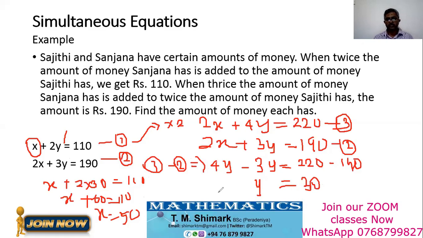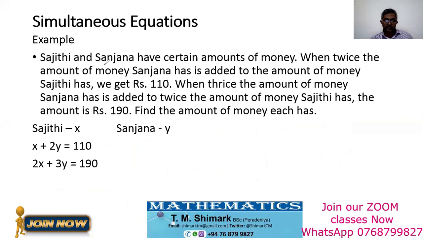Now let's say here Sajiti and Sajna have certain amounts of money which we don't know. So that's why we took x and y. Sajiti we took as x, so Sajiti's amount is not multiplied, but twice the amount of money Sajna has is added. Sajna is y, so Sajna's twice is given.